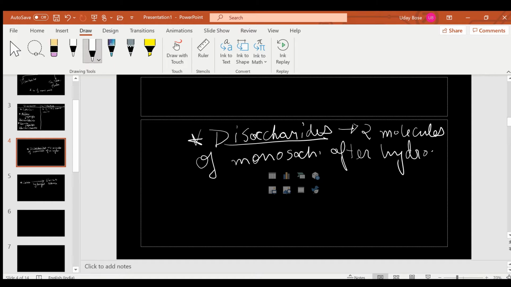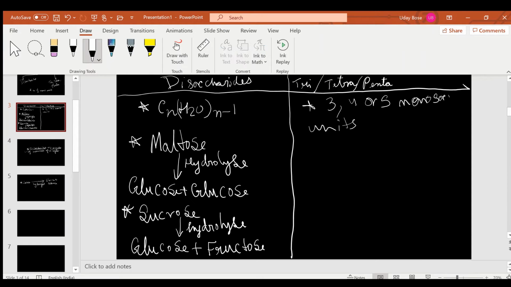It doesn't mean that there are two carbons or two bonds, something like that. It is about how many molecules you get after hydrolysis, and you get two molecules of monosaccharide. So I think this is clear.